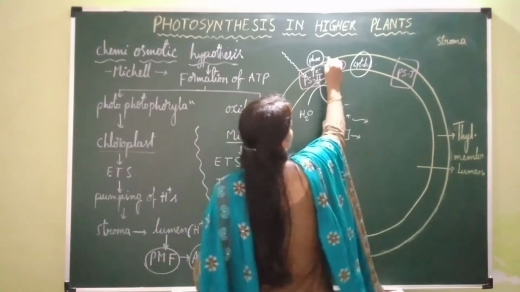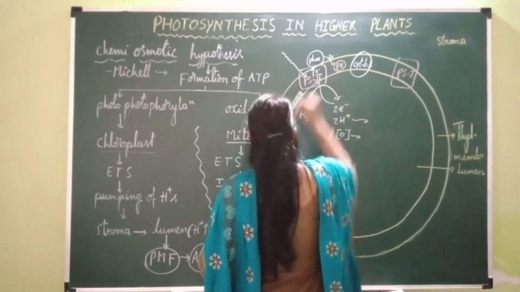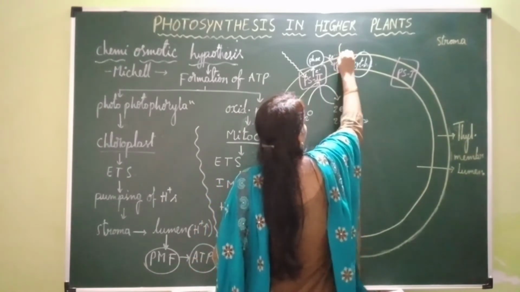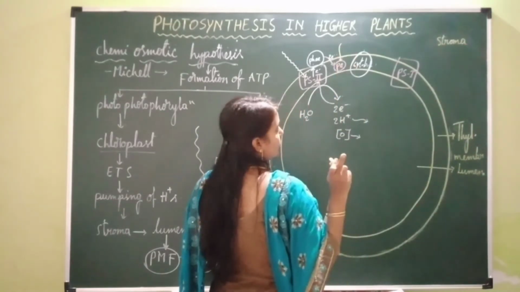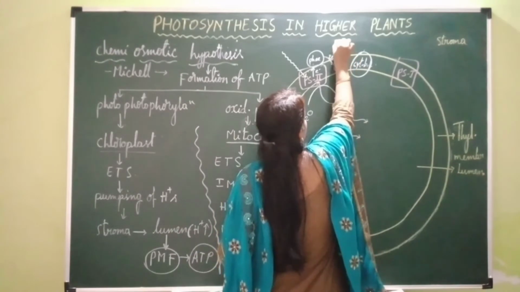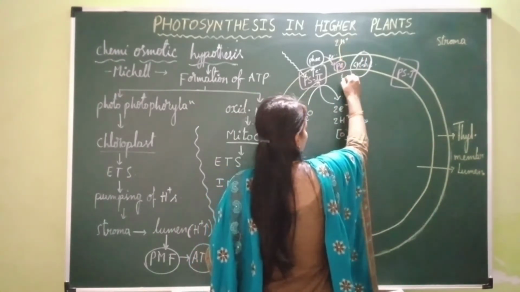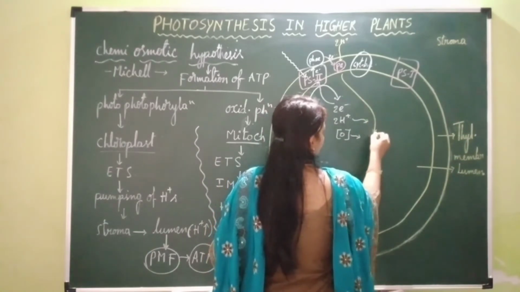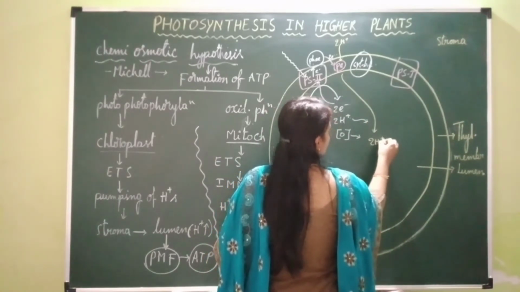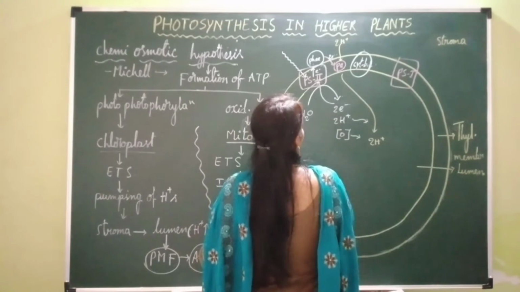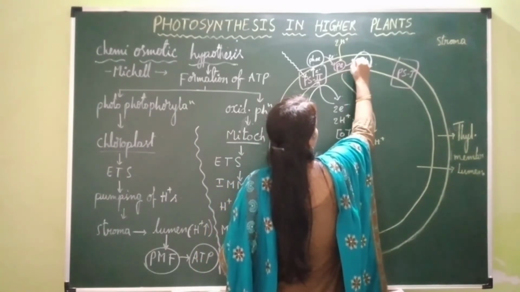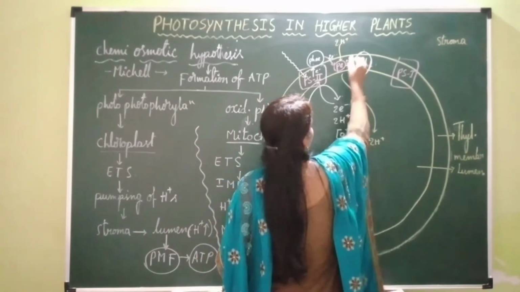So when it receives 2 electrons, per 1 electron it consumes 1 proton from the stroma. So per 2 electrons it consumes 2 protons from the stroma, and leaves these 2 protons into the lumen, passing on electrons to the next carrier, that is the cytochrome BF complex.